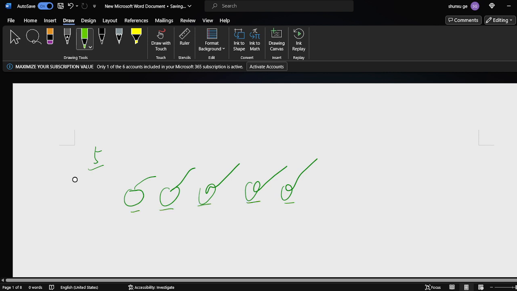Okay. Then 5 is not only expressed as apples, it can also express other things, such as trees. How to write tree? Okay, tree.